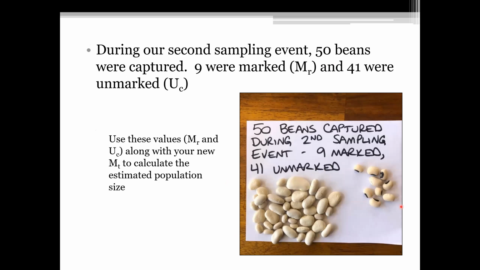We see that 9 were marked. So 9 were recaptured, and this is our MR. And we see that 41 are unmarked. These are newly captured individuals. This is our UC.